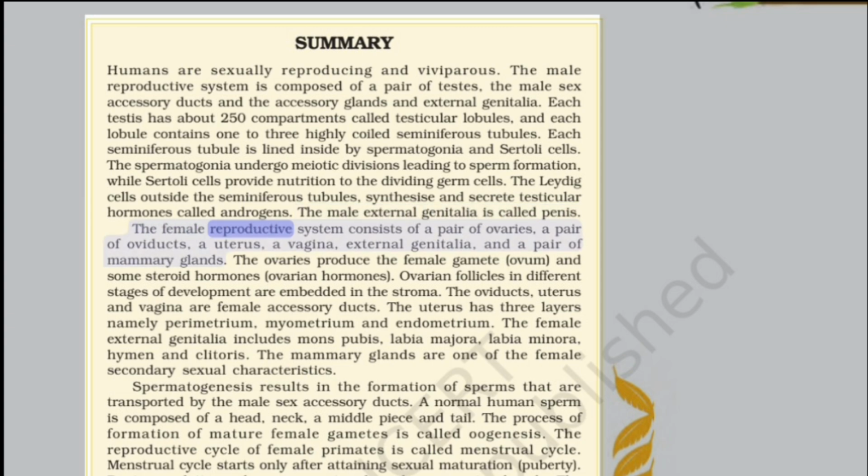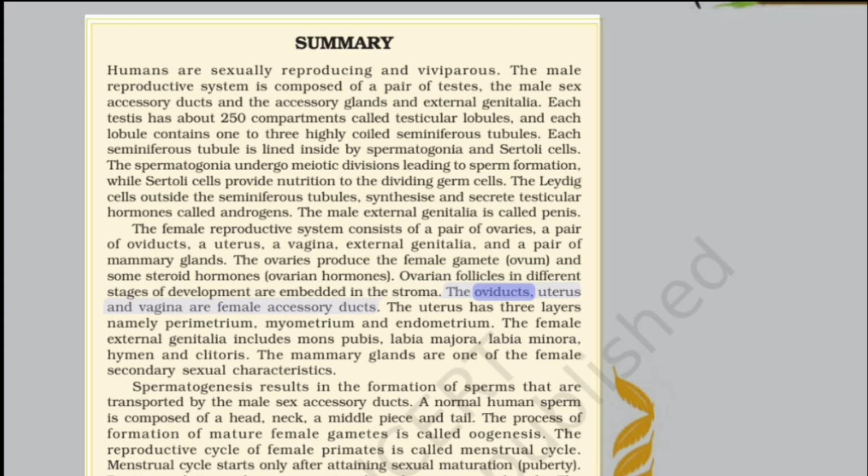The female reproductive system consists of a pair of ovaries, a pair of oviducts, a uterus, a vagina, external genitalia, and a pair of mammary glands. The ovaries produce the female gamete, ovum, and some steroid hormones, ovarian hormones. Ovarian follicles in different stages of development are embedded in the stroma.